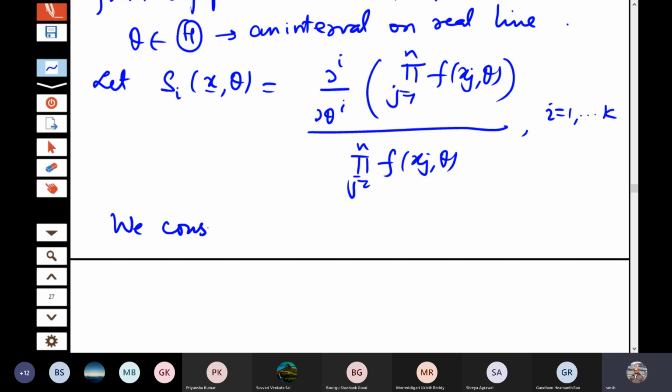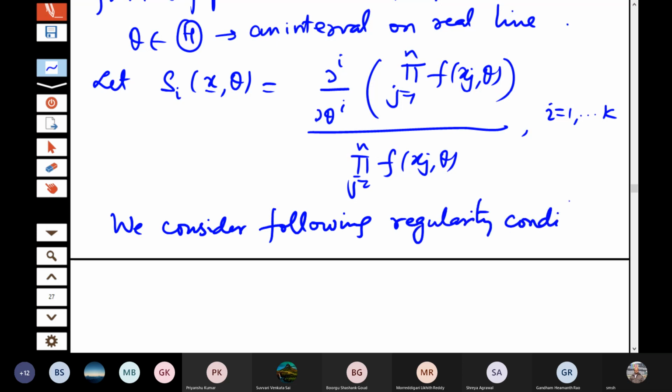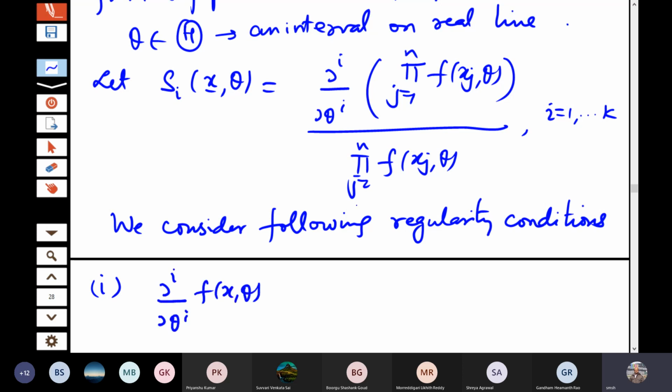We consider the following regularity conditions. One, the ith derivative of the density must exist. Then only for the product it will exist.